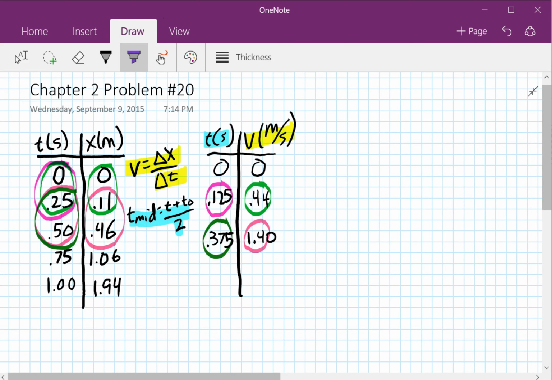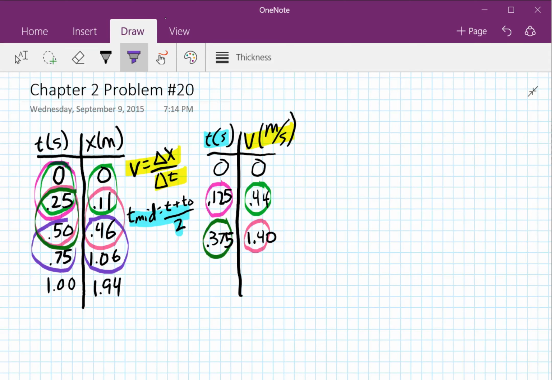Next one is you get the pair here, the pair here, and that's going to go right here. I'll go ahead and show this one out, because if you're not getting it now, it means you probably need to see it. So I'm going to use the velocity equation for this one. So we got v here. I've been saying it to you, but this way you can actually see it in case you're having trouble.